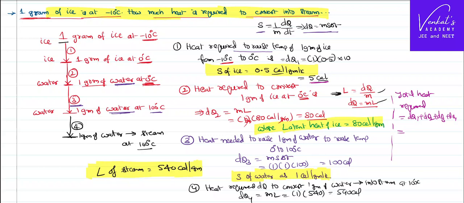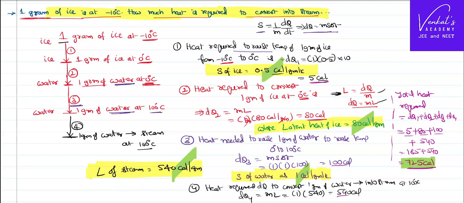The first case is 5 calories, the second case is 80 calories, the third case is 100 calories, and the fourth case is 540 calories. So 5 and 80 is 85, 85 and 100 is 185, and 185 and 540 is 725. Be careful, you will get the answer in calories because you have taken all this data in calories itself.